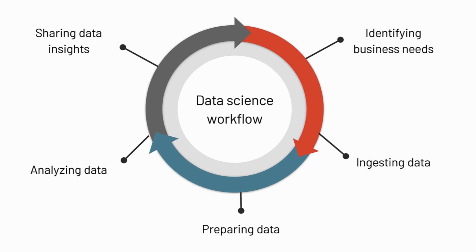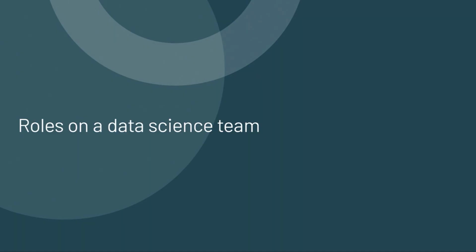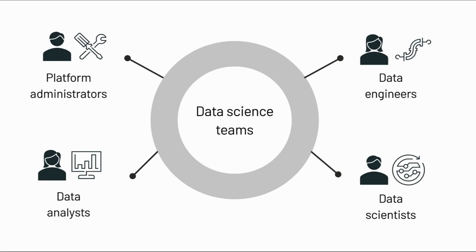Now we'll take a closer look at the individuals doing these things. So who is responsible for what? As we go through this section, just think to yourself, does my team look like this? Especially in smaller companies, we've seen situations where one person is fulfilling all of these roles.